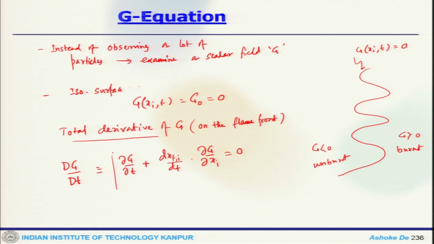This is the total derivative of G on the flame front.